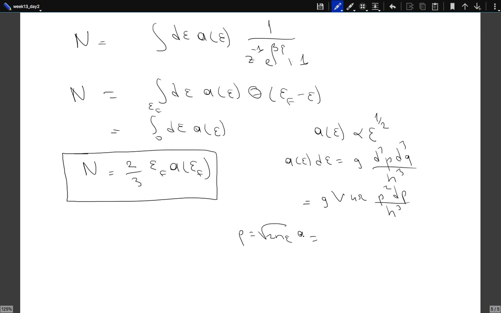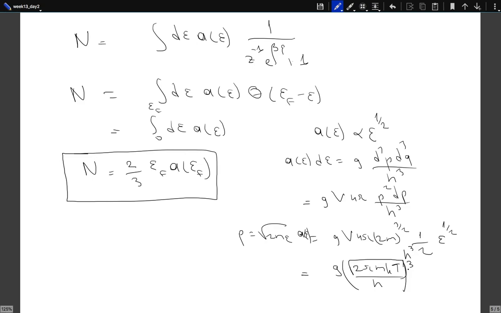So A is G times V times 4 pi times (2m) to the power 3/2 times 1 over 2 times epsilon to the power 1/2 times 1 over h cubed. This is G times 2 pi m kT over 8 square root of this, one over h cubed.